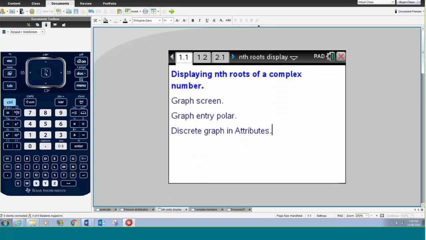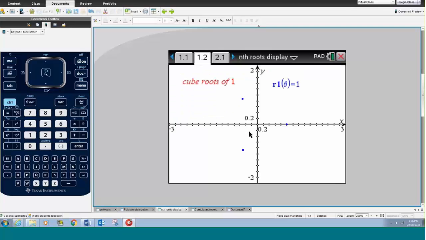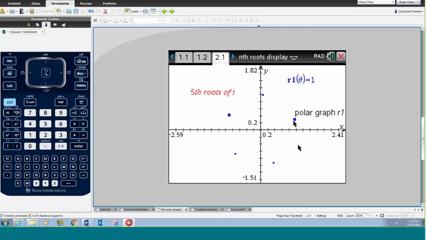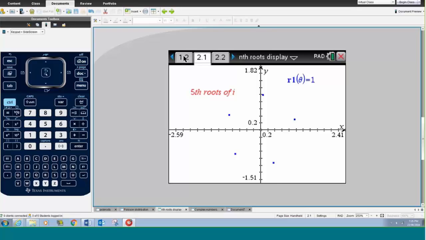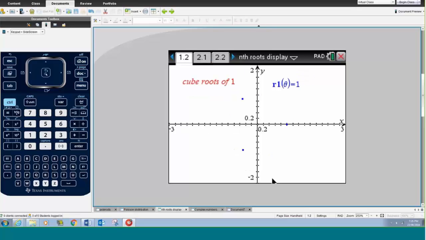What I want to show is how we can display the nth roots of a complex number on the complex plane. So I displayed the 5th root of i here, and the 6th root of minus 4i, and so on.